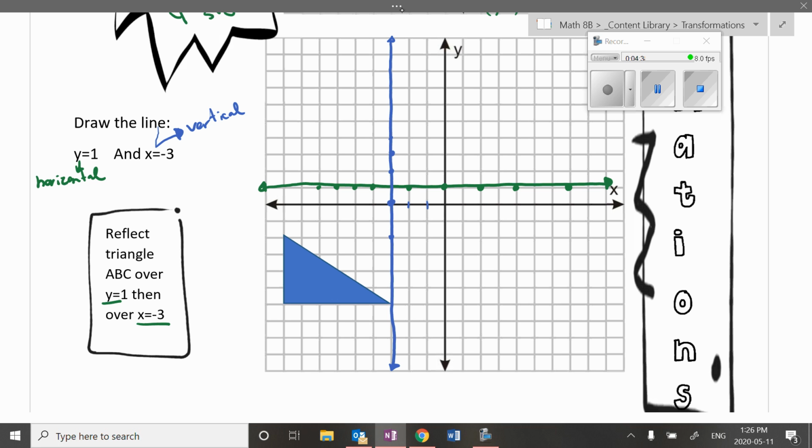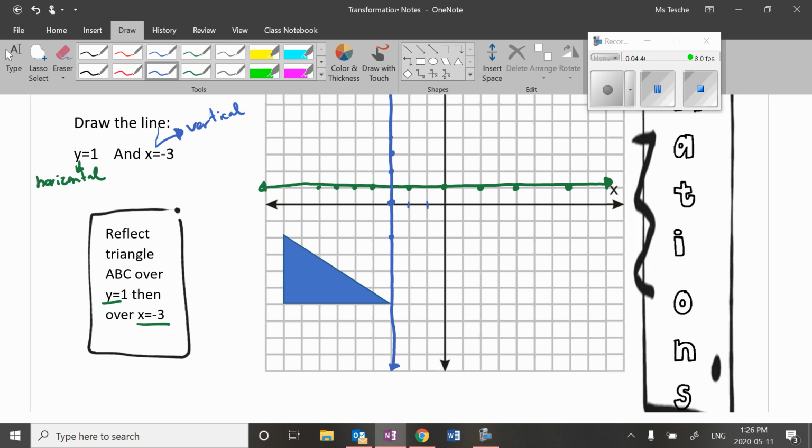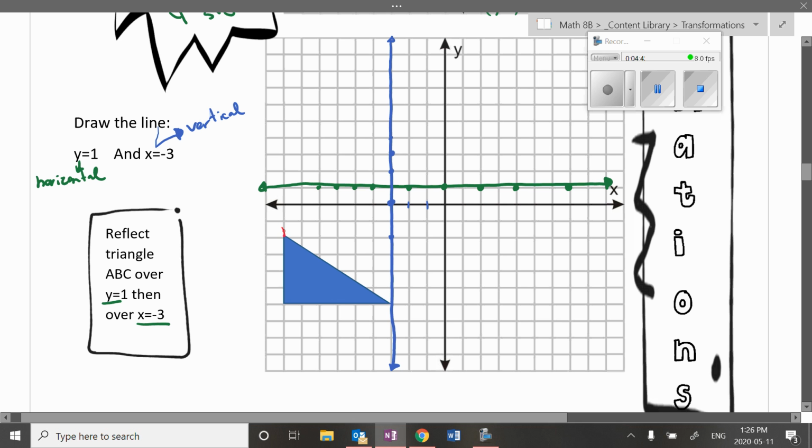So now let's look at our triangle ABC. Let's start by labeling it. So I have A, B, C. So A is currently, let's count out our ticks, 9 to the left, so -9, and down 2.